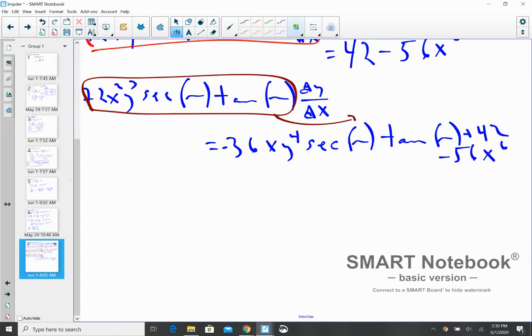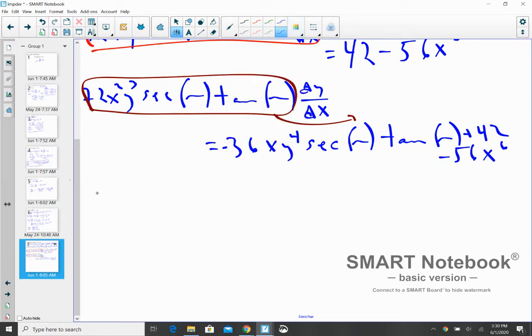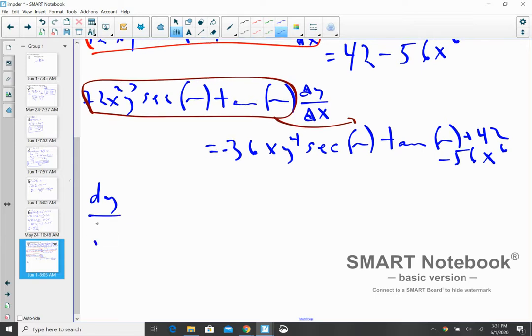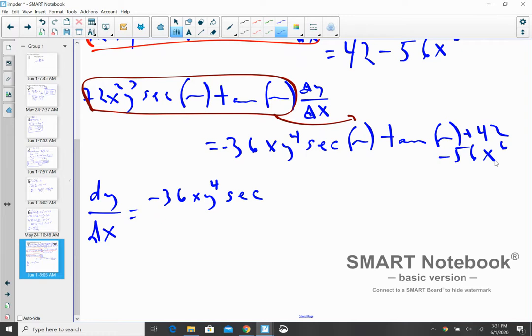When you're done, you're going to have dy dx equals. This is your numerator. I've been using these little symbols and forget what they represent in each one. Oh, 3x squared y to the fourth.